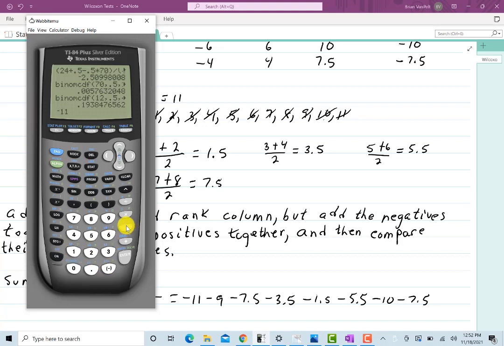For the rest of it, you can use the minus button. So I get negative 55.5. Let me write that down.